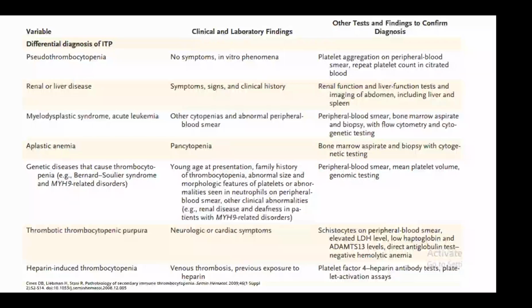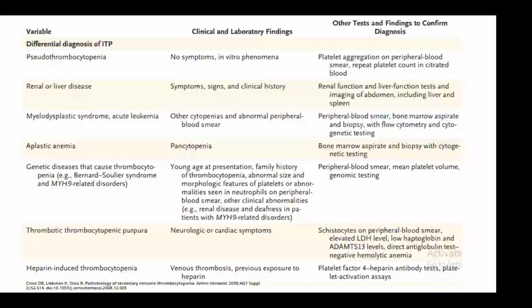Patients with renal or liver disease present with signs and symptoms of chronic renal or liver disease, myelodysplastic syndrome, acute leukemia, aplastic anemia. These have a problem in the blood film. We diagnose them by bone marrow aspirate and biopsy or cytogenetics. There are rare causes of thrombocytopenia, which are genetic disorders that cause thrombocytopenia.